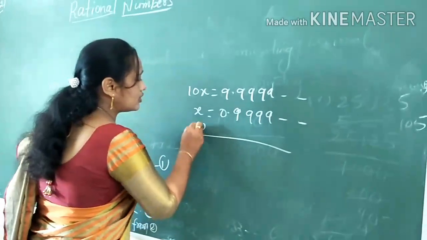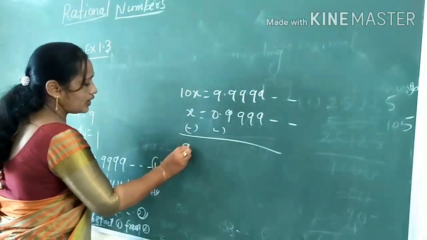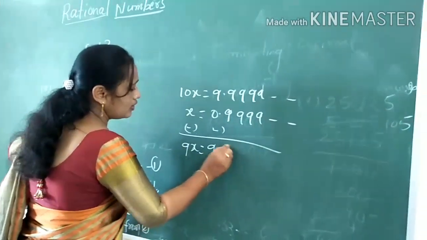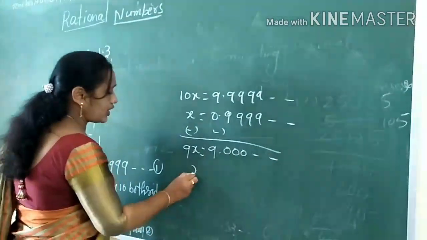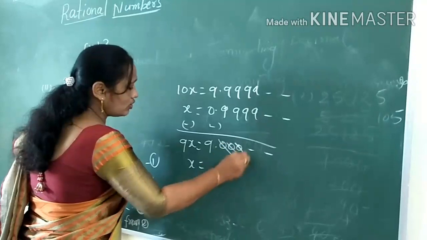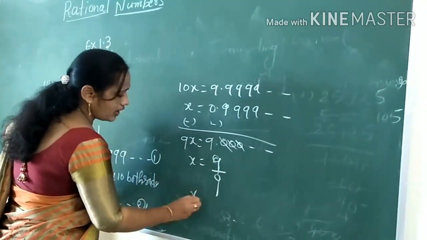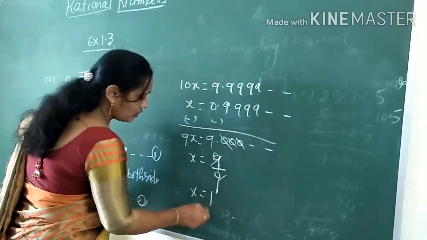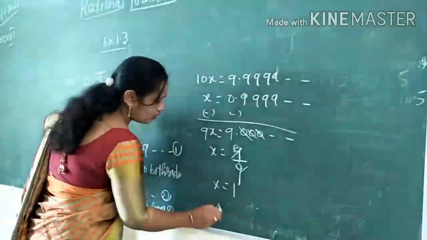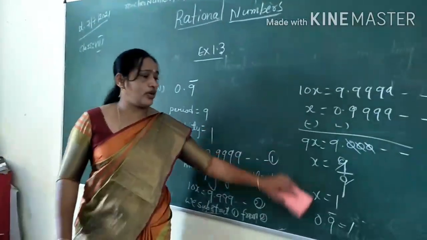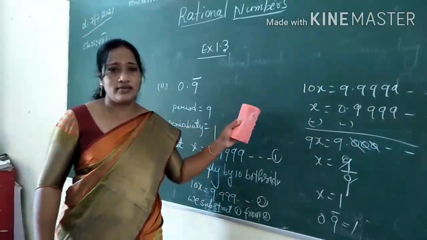Subtracting, 10x minus x means 9x. 9 minus 0 is 9, and 9 minus 9 is 0 for all the rest. So x equals 9 by 9. So the value of 0.9 bar equals 1. Students, did you understand?